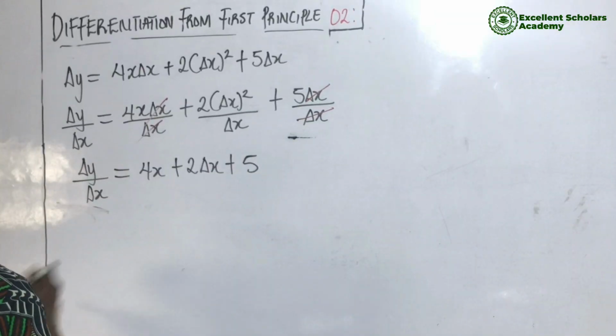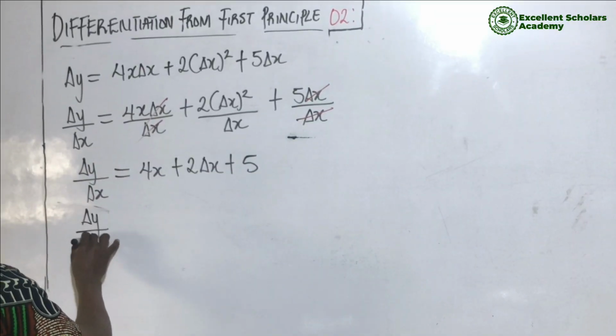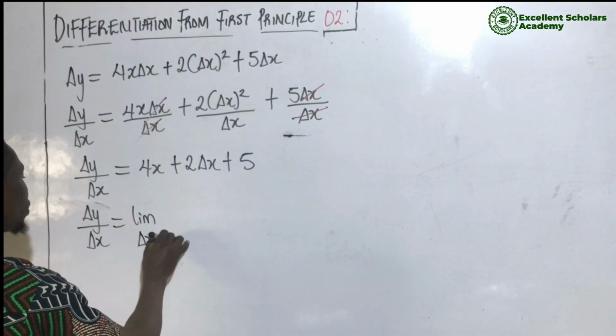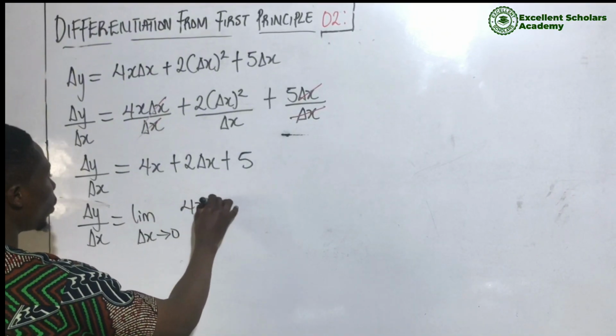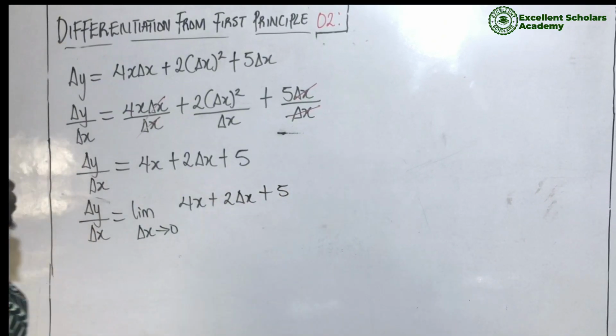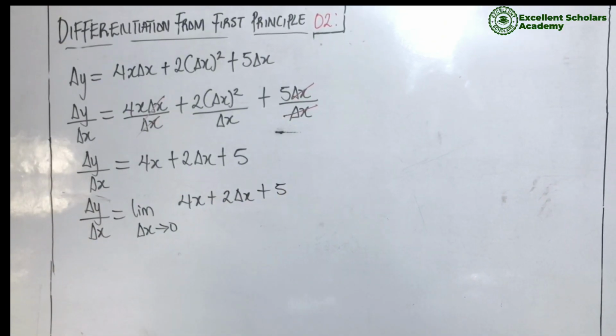So this becomes change in y over change in x equals the limit as change in x tends to 0 of 4x plus 2 change in x plus 5.